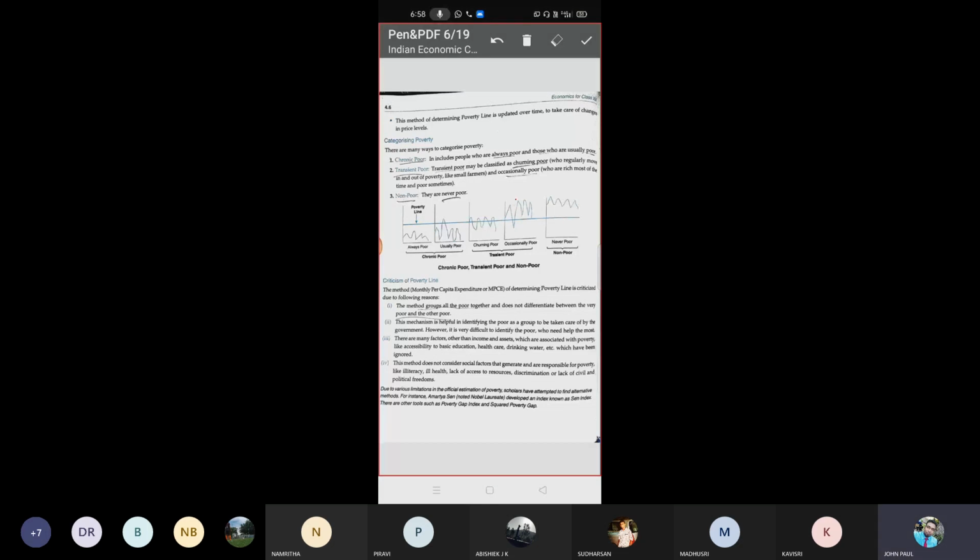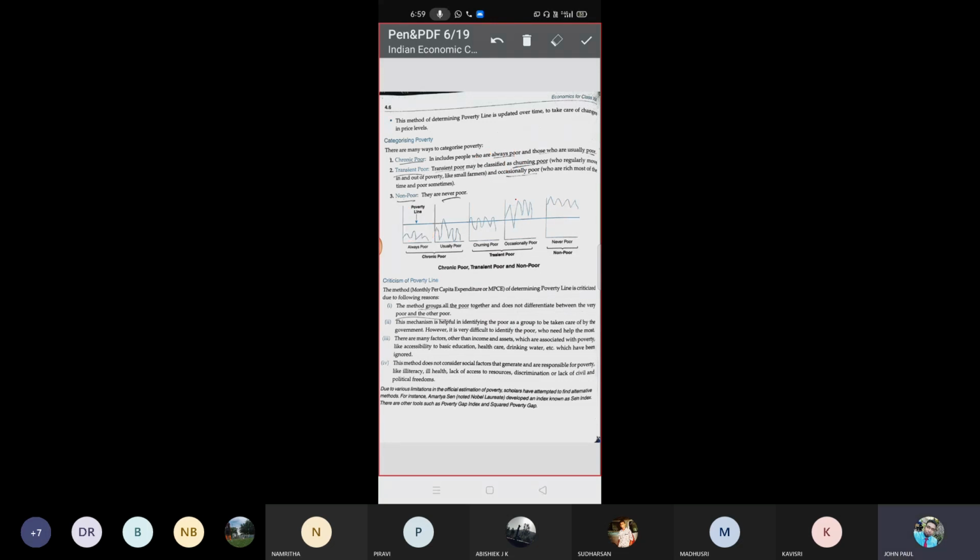And the third is that there are many factors other than income. Here they focused only on income. The people getting 816 rupees in rural areas and 1,000 rupees in urban areas, based on food consumption expenditure and calorie intake, were used to make this poverty line.